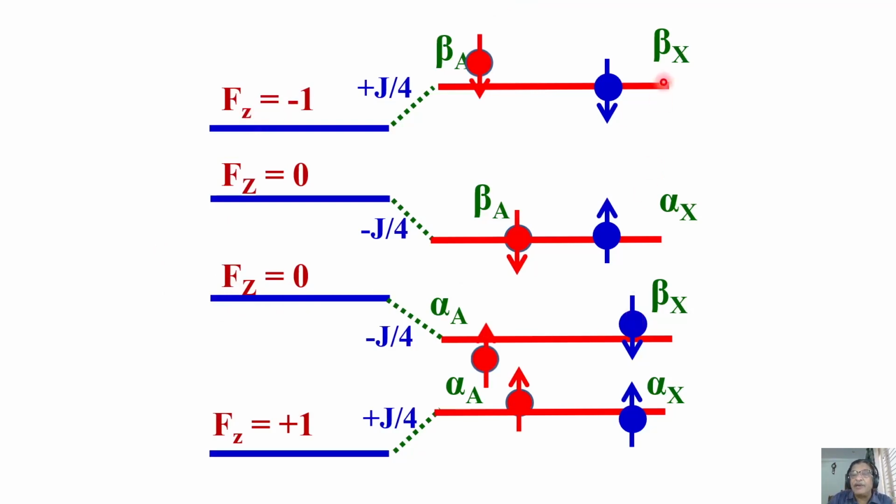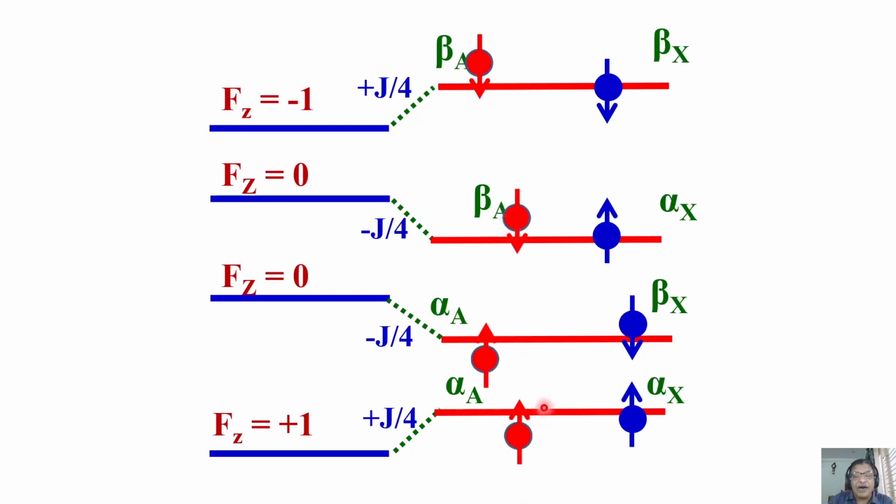Here, beta X is not changing, but alpha A and beta A are changing. So the X transition is not affected. So this is only an A transition. X spin is not affected here. Now, what about the other one? This is also alpha A going to beta A.